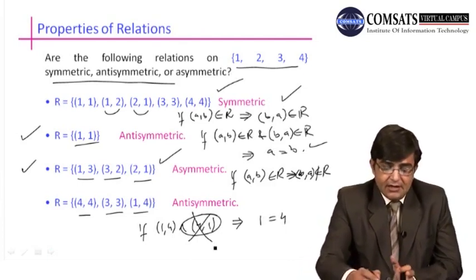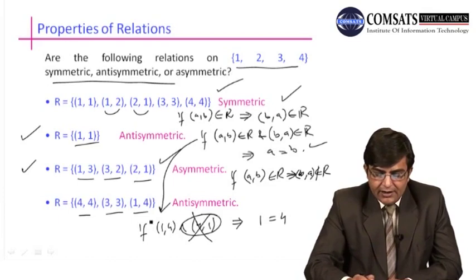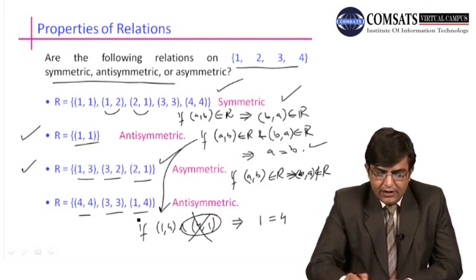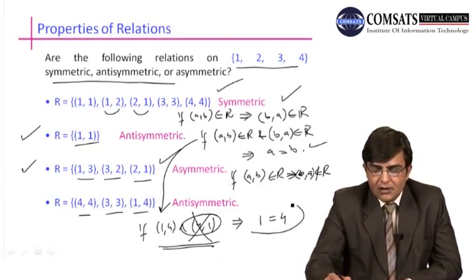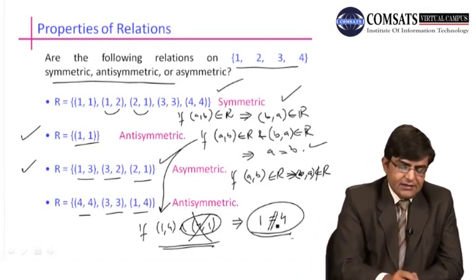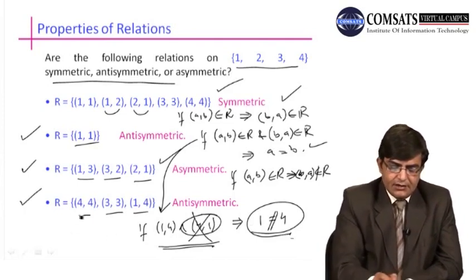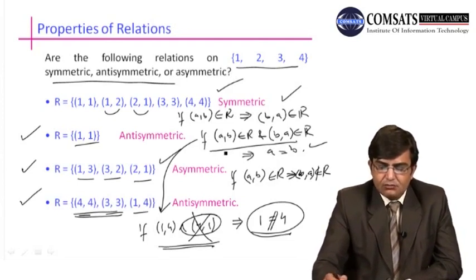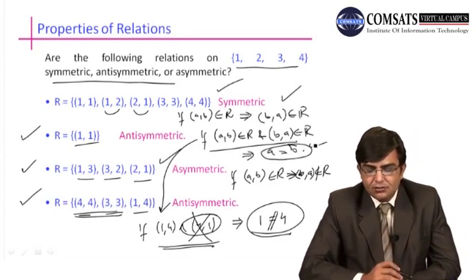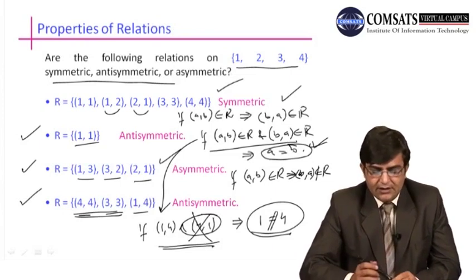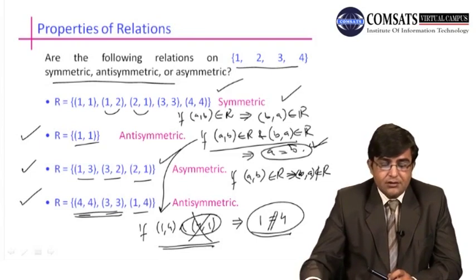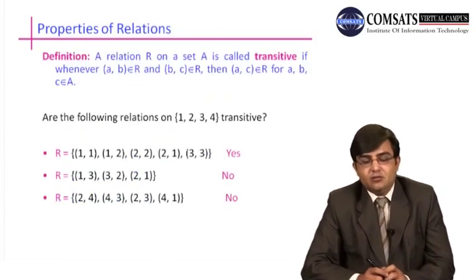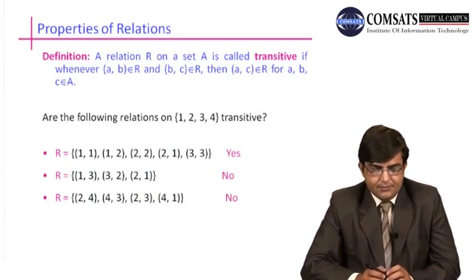We have to check this in antisymmetric, but here 1 4 and 4 1, this is not true, so we cannot check this. So this relation is antisymmetric because for the elements which satisfy these two conditions, the conclusion is true, therefore this relation is also antisymmetric. And now we are going to discuss what is a transitive relation.